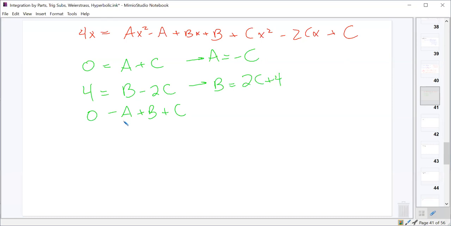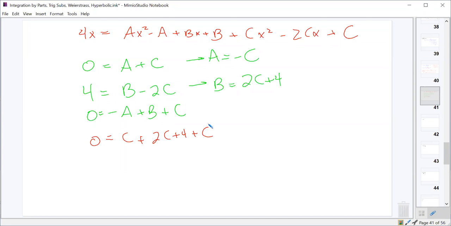I could replace the a and the b here to figure out what c is. You guys agree with that? Negative a is just c, and then b is 2c plus 4 plus another c.